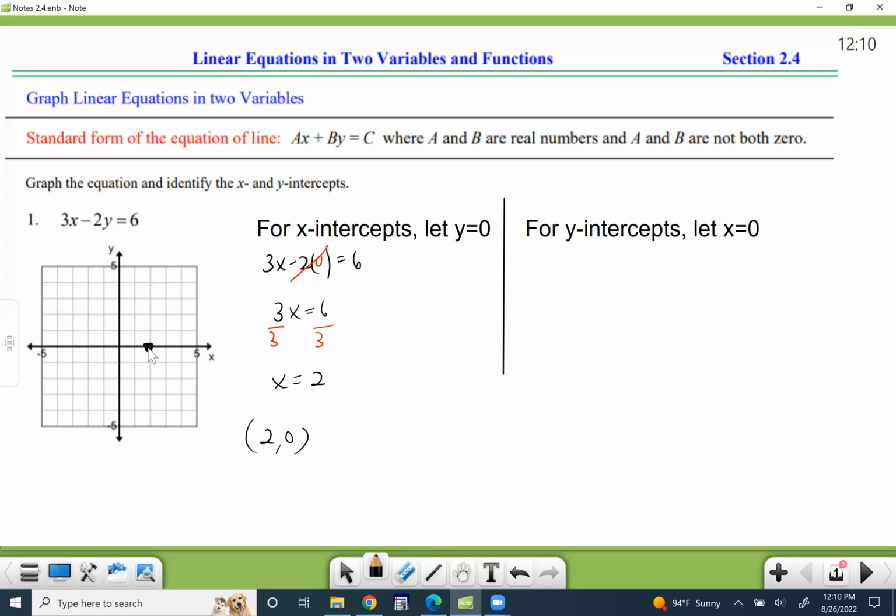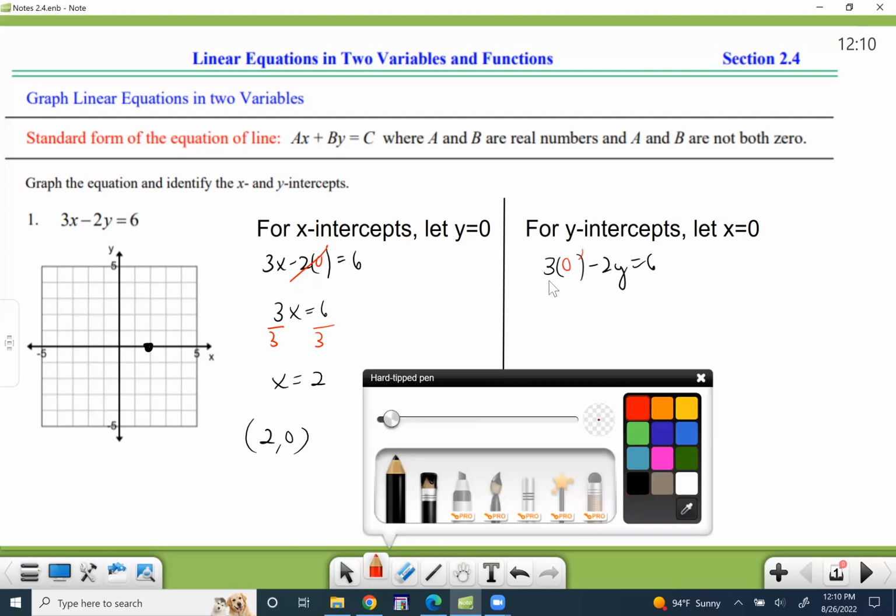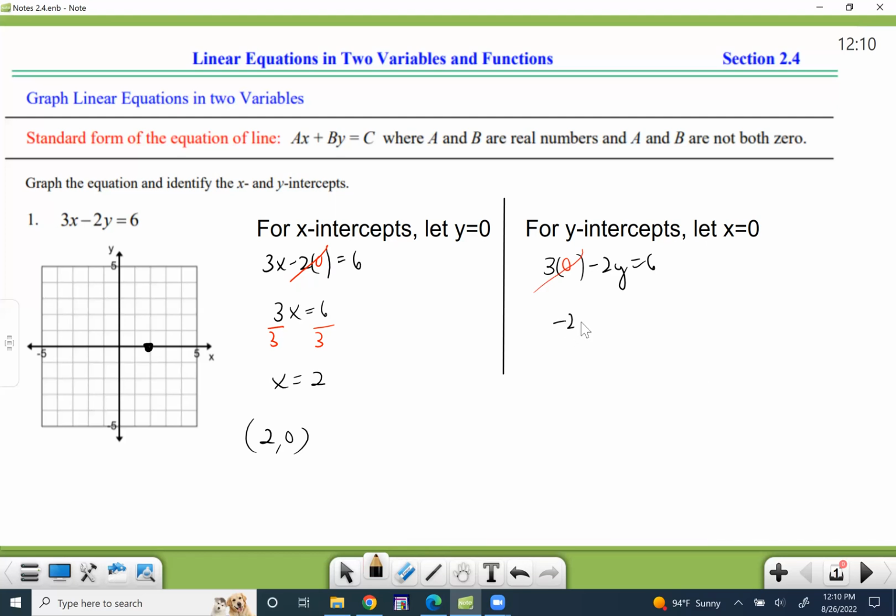Now we're going to let x be 0. I'm writing the equation out, and I'm going to put a 0 in where the x was. This part goes away because 3 times 0 is 0. Now we have to divide both sides by -2.